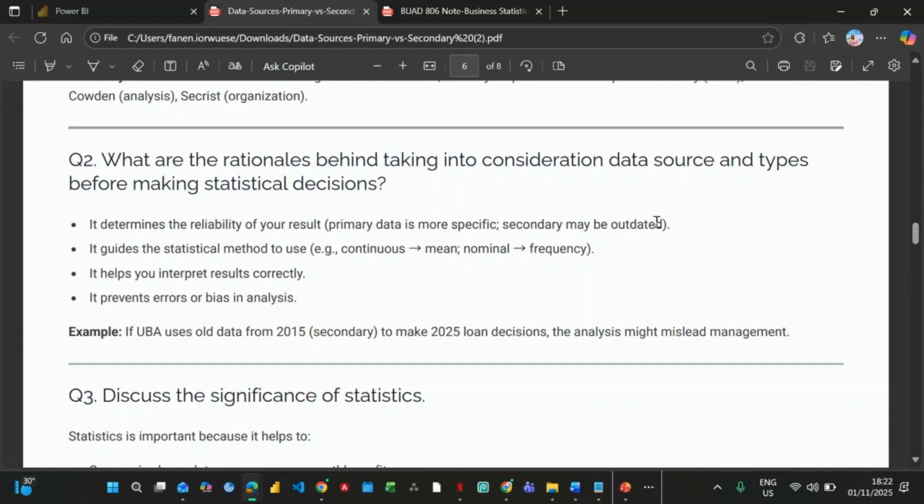Do you understand? For instance, let's just imagine that you want to do a report. You want to research the impact of social media on young people, right? And then you want to take data from way back, maybe from 2000.